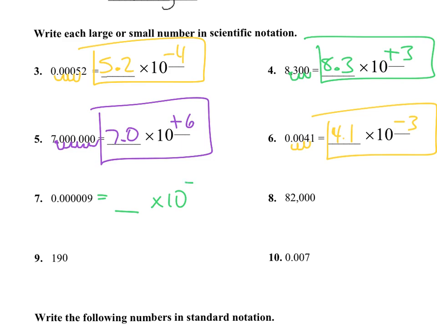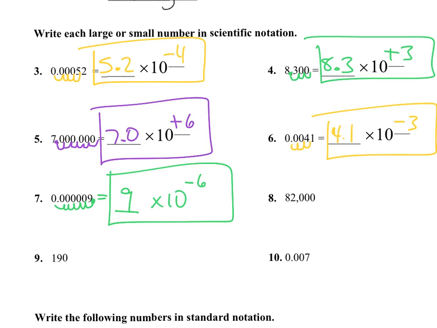Let's move the decimal to the right until we come up with a number that is more than 1 but less than 10. So you got 1, 2, 3, 4, 5, 6. So I had to move it 6 times. So my exponent is negative 6. And my new number is 9. So it's 9 times 10 to the negative sixth power. And that is my final answer when it is rewritten in scientific notation.